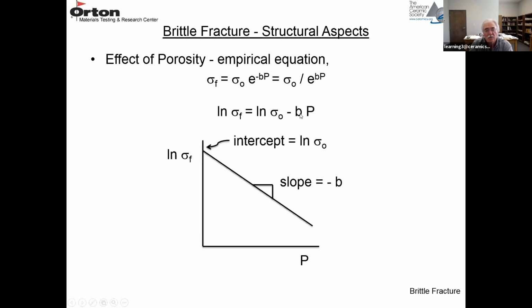So b is the slope, ln sigma 0 is the intercept. So you'll get a straight line. You'll have an intercept, so you can calculate sigma 0. You'll get a slope, so you can calculate b. And then you can put them back into this equation and calculate the effect of porosity on strength for a particular material.